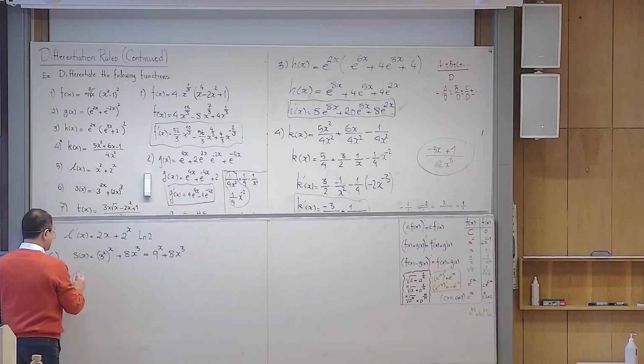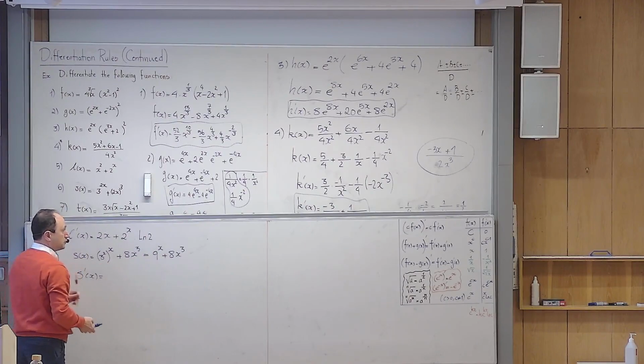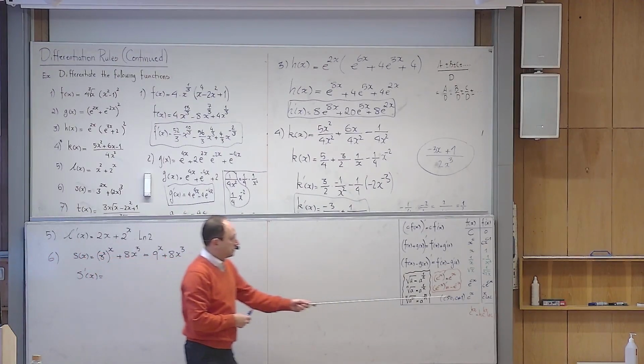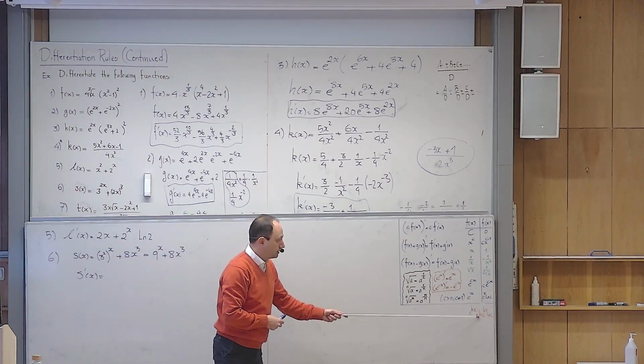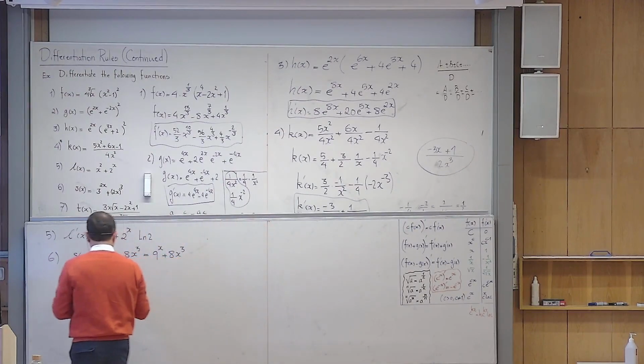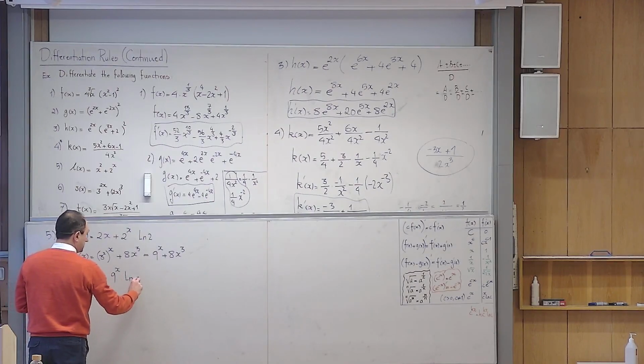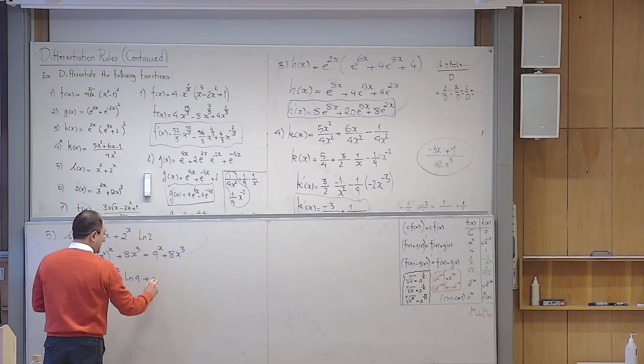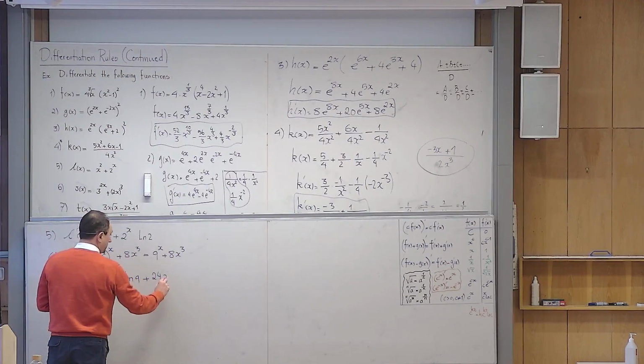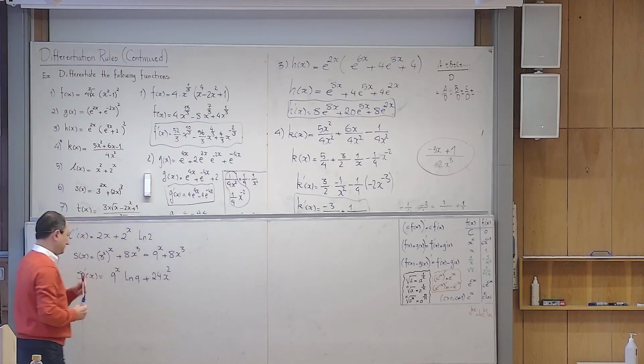The derivative of s becomes the derivative of 9 to power x, which is still, I can use the last row. I don't need this extra formula. So this becomes 9 to power x, but I have to multiply it by ln of 9. And then plus 3 goes down, 24x to power 2.